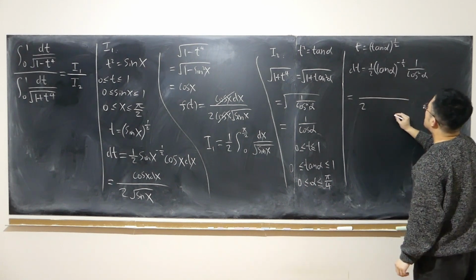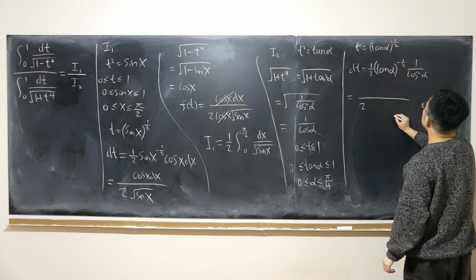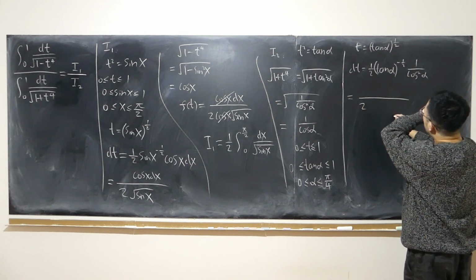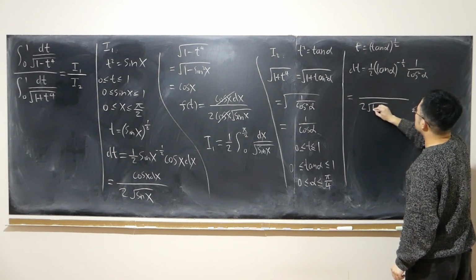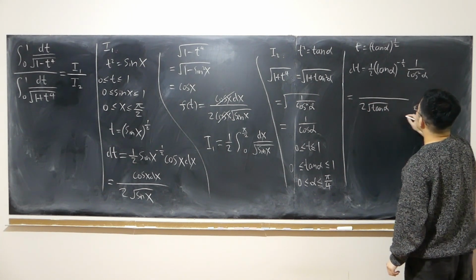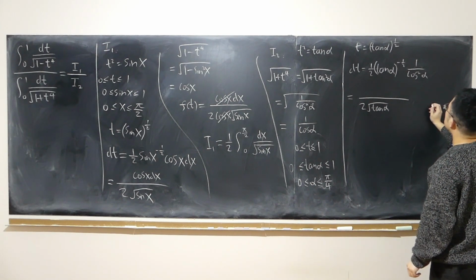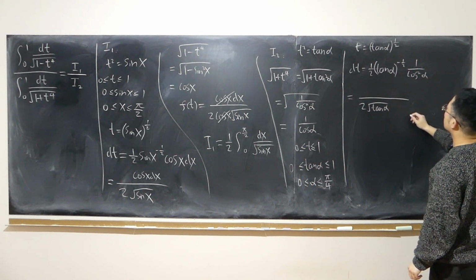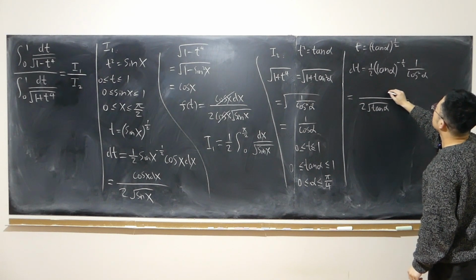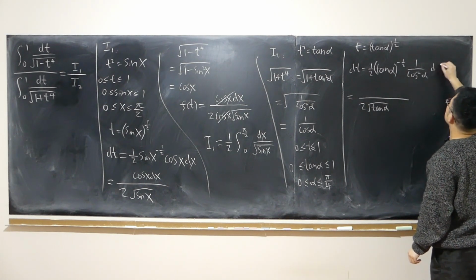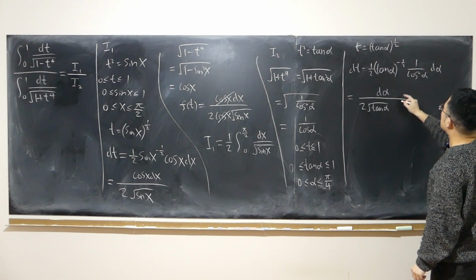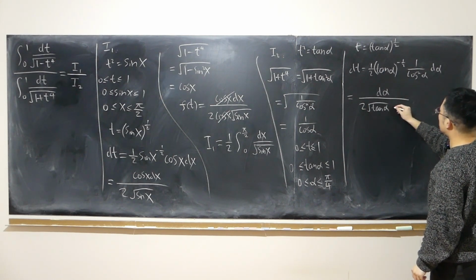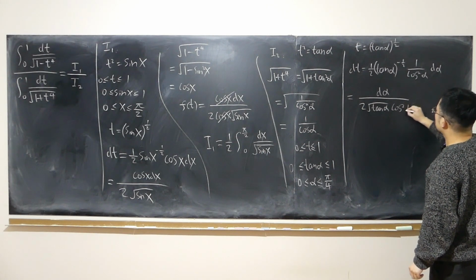So that means dt is actually equal to two at the bottom, square root of tangent at the bottom, right? Then times 1 over cosine square alpha d alpha.